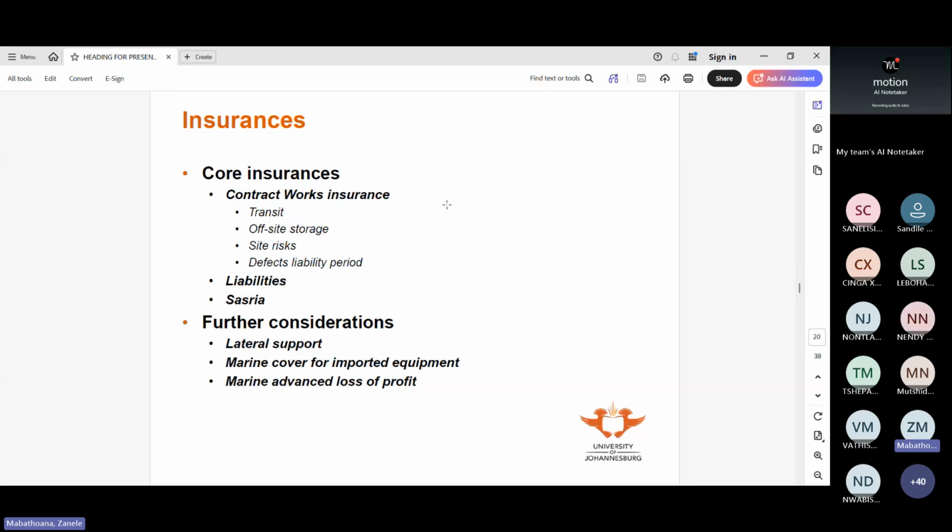And then there's further considerations for insurance, where you could have lateral support, and then marine cover for imported equipment. So that would have to be on a ship. So here where we mentioned transit, if it's imported material, let's say it's imported from China and then it arrives in Durban.